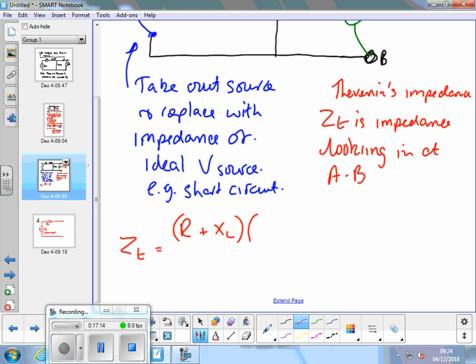I'm going to multiply that by XC, and then divide it by R plus XL minus XC j, which we already got in the first part, haven't we.